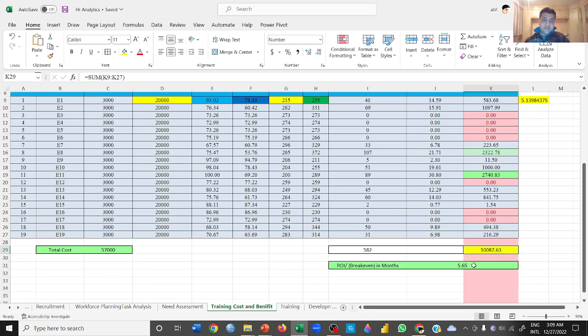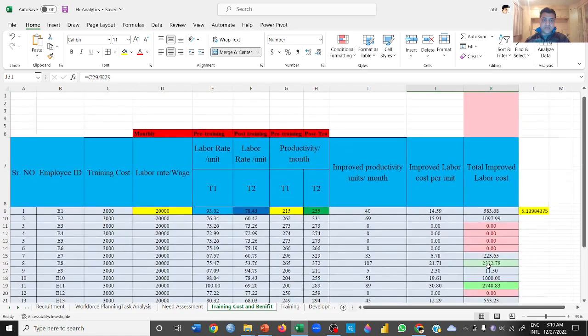So in about 5.65 months, because all these values are on a monthly basis, or let's say 6 months, you will get this much money back in the form of ROI. After that, it's all profit. This is how you technically justify to your top management or the finance people that training is good for your employees and for the overall health of your organization.